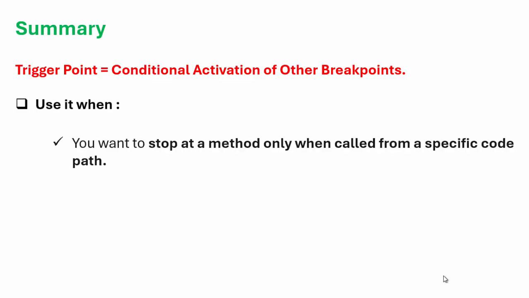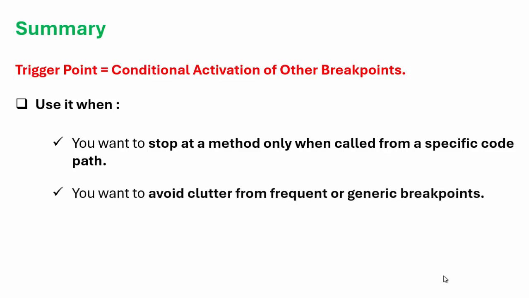So if I summarize, a trigger point is conditional activation of other breakpoints. We use it when we want to stop at a method only when called from a specific code path, a specific flow, and we want to avoid clutter from frequent or generic breakpoints.